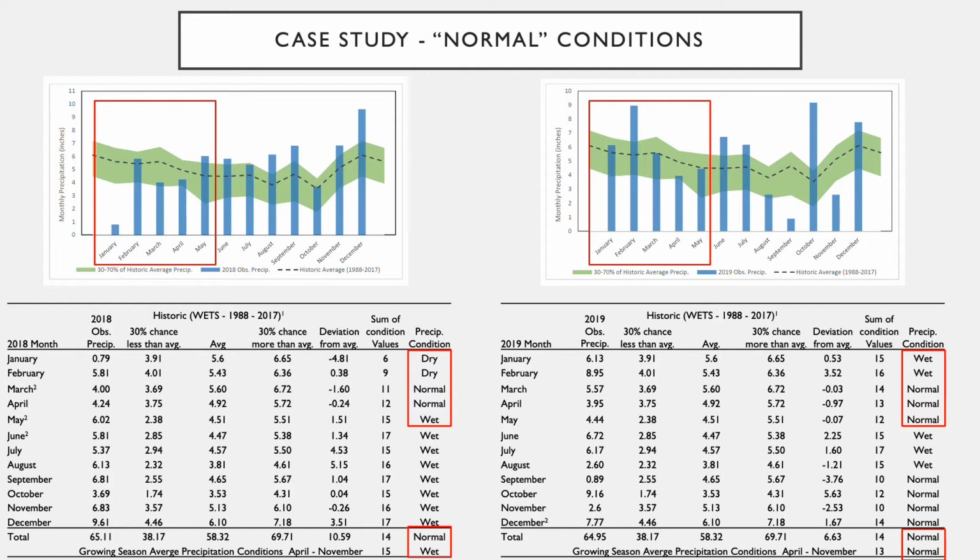So really what we're interested in looking at here is this early growing season. In 2018, we had a dry winter followed by a normal spring. In 2019, we had a wet winter followed by a normal spring.